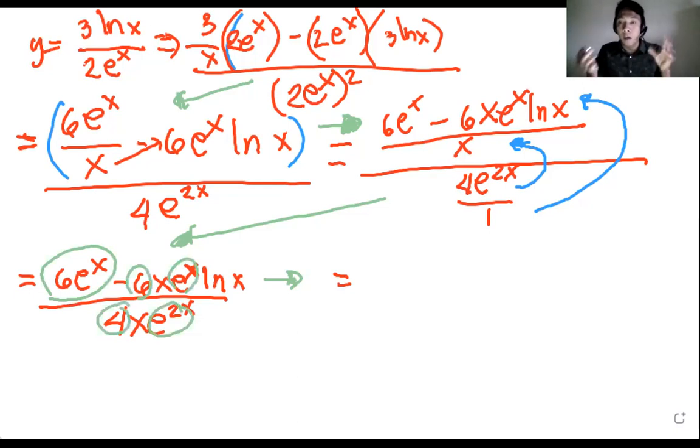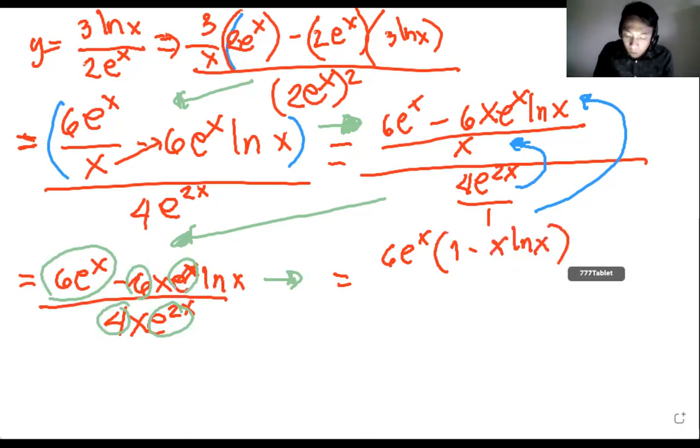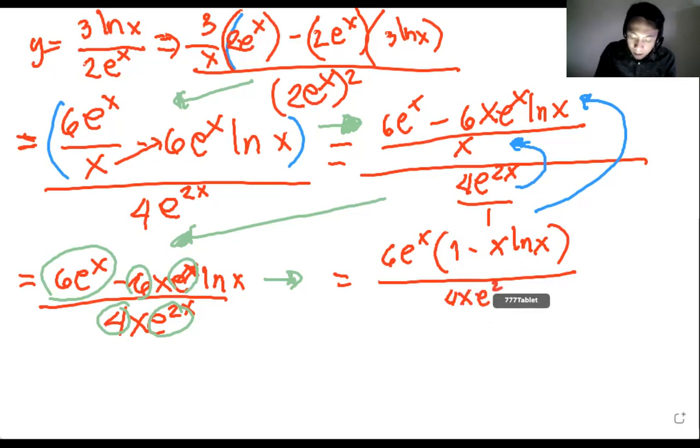So we have here 6e raised to x multiplied by, so yung 6e raised to x na magiging 1 na lang yan, minus, matatanggal yan. So we have x ln x. Okay? Over 4xe sa 2x. Ayan, malapit na tayo.